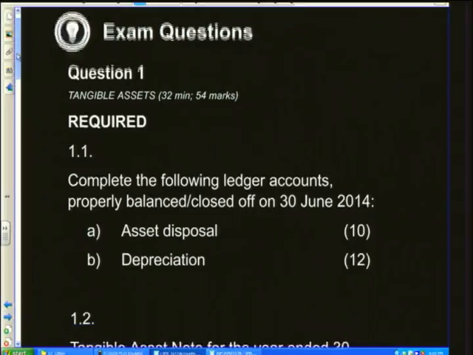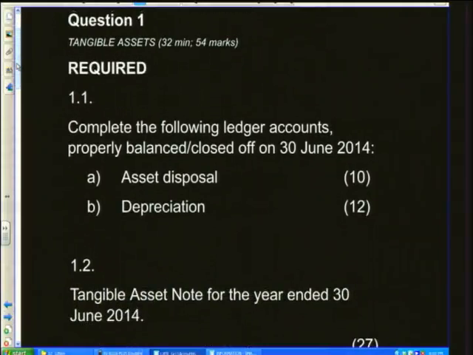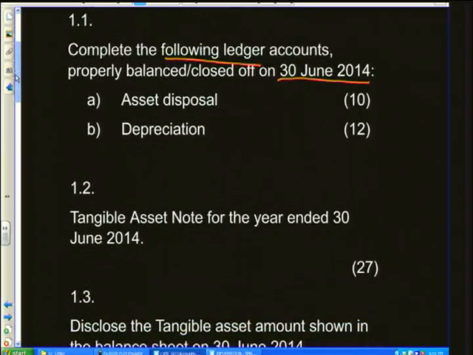Our very first question, guys, we're going to complete the following ledger accounts properly balanced or closed off on the 30th of June 2014, which obviously is the end of the financial year. The accounts we're going to look at are asset disposal and depreciation. I've changed the question slightly, so instead of looking at the T account, I'm going to focus more on the actual calculations.